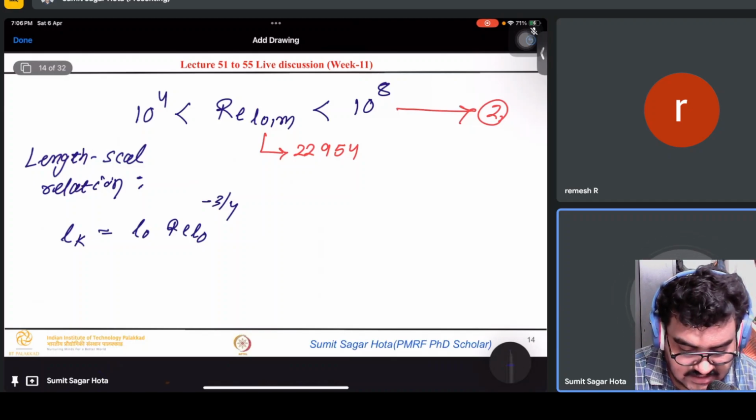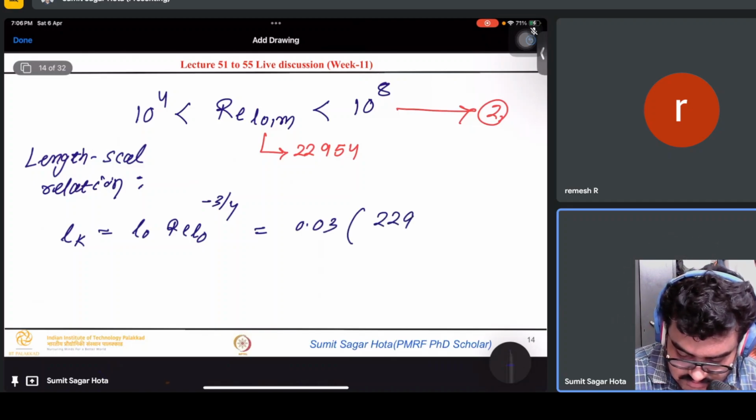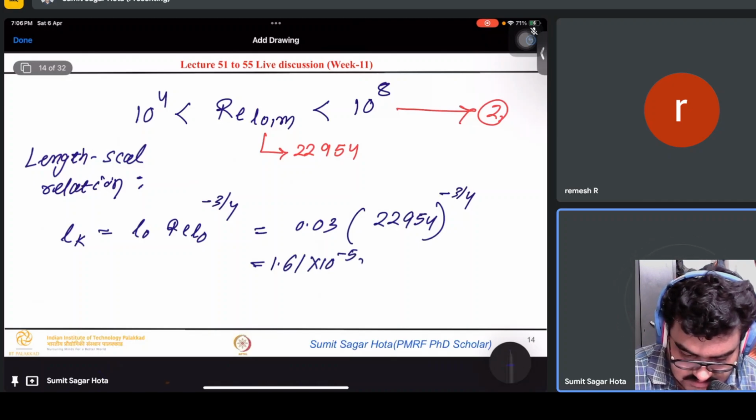The length scale is L naught times Re_L to the power minus 3 by 4, 0.03 times 2954 to the power minus 3 by 4, which is 1.6 times 10 to the power minus 5 meter.